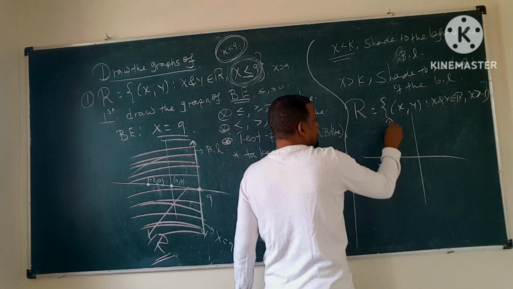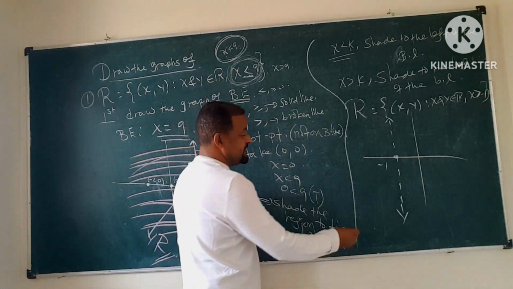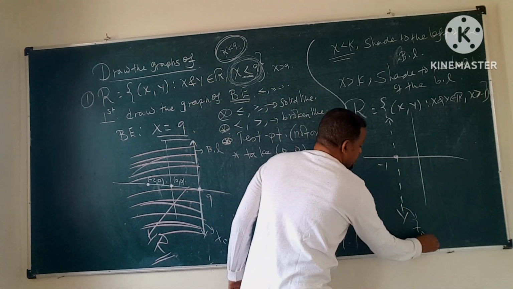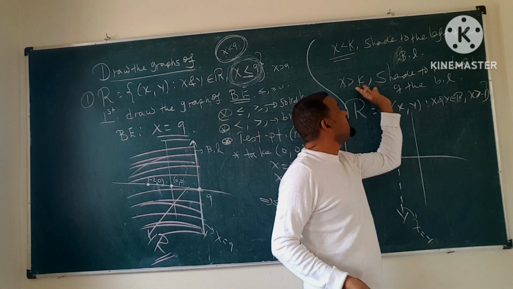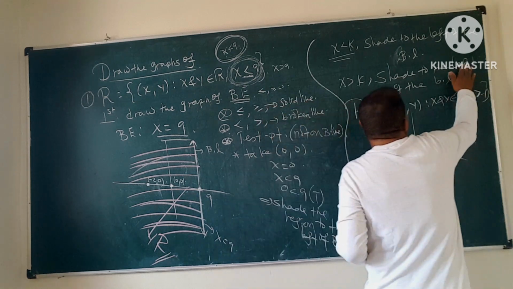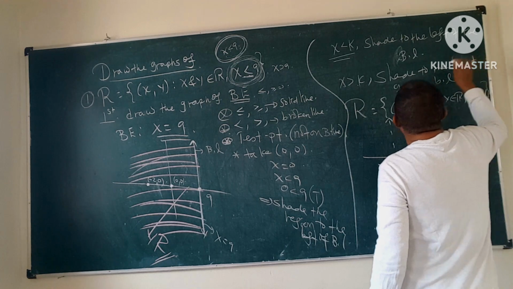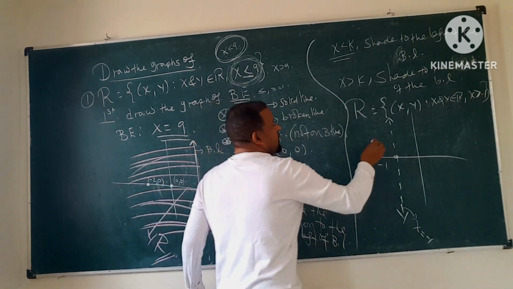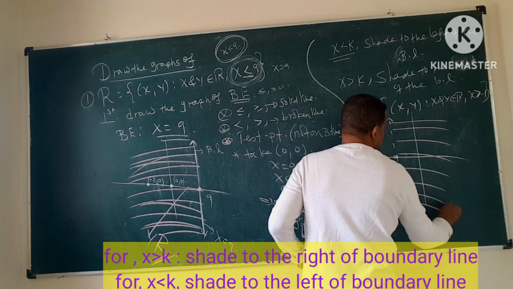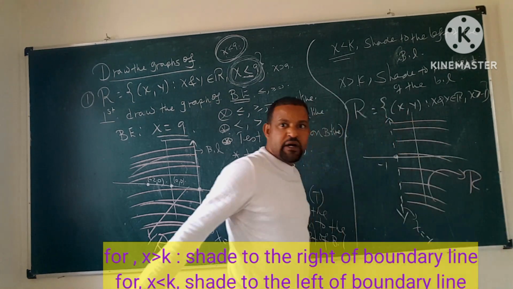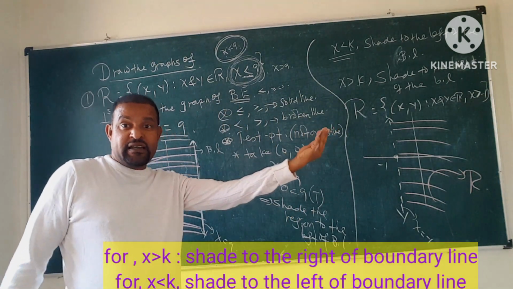Then we graph this, x equal to negative 1. Since it is greater than, where do we shade? To the right. So this is our relation. So on a vertical line, if it is greater than, we shade to the right; if less than, to the left.